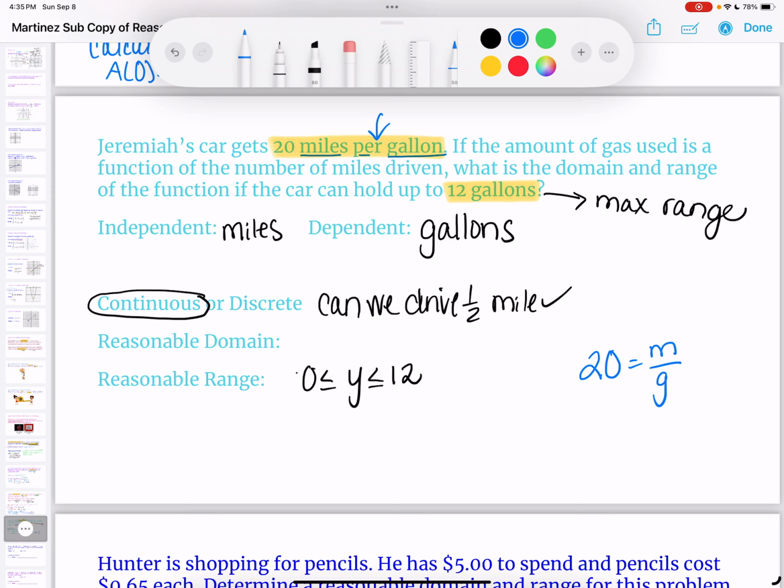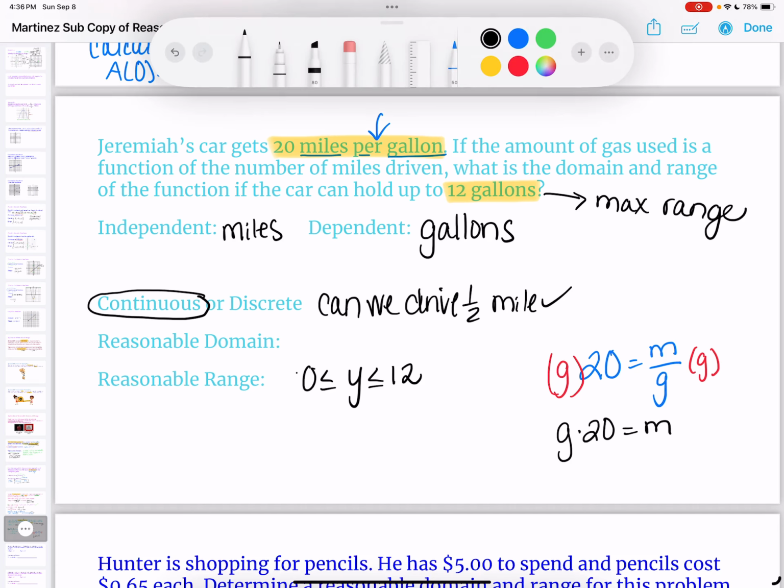So it's kind of weird since we have G on both sides, right? But what I could do is multiply G on both sides. Since we're dividing here, to undo the division would be multiplication. So gallons times 20 equals miles.